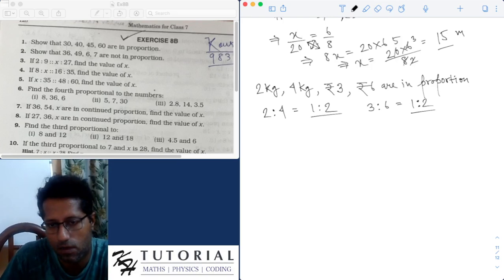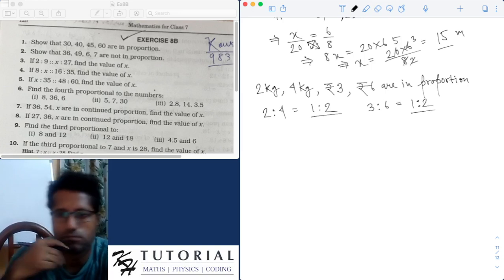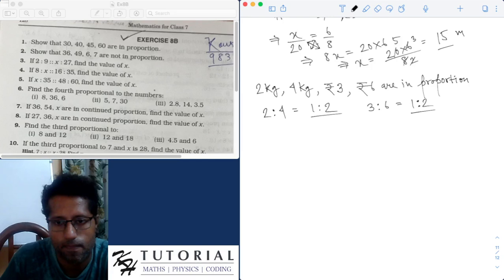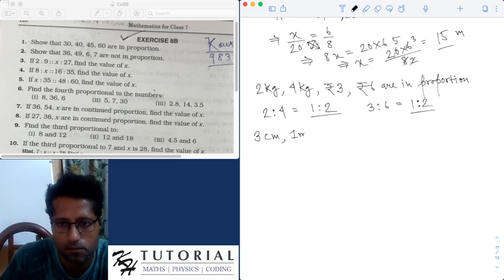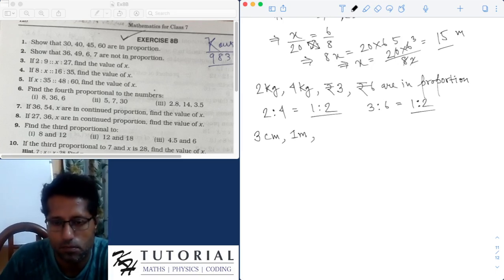So please keep this thing in mind. Also, let's say you are given 3 centimeter, 1 meter, 3 paisa and rupees 3.